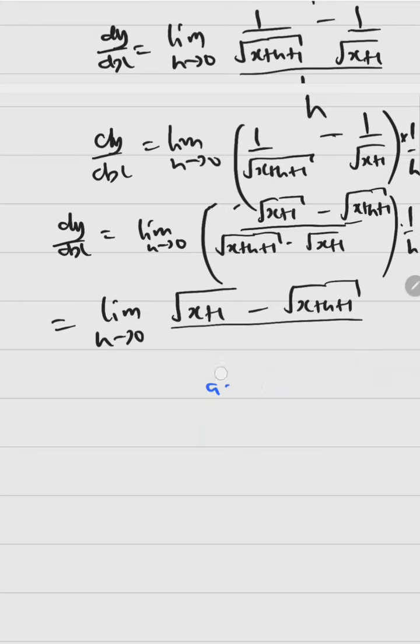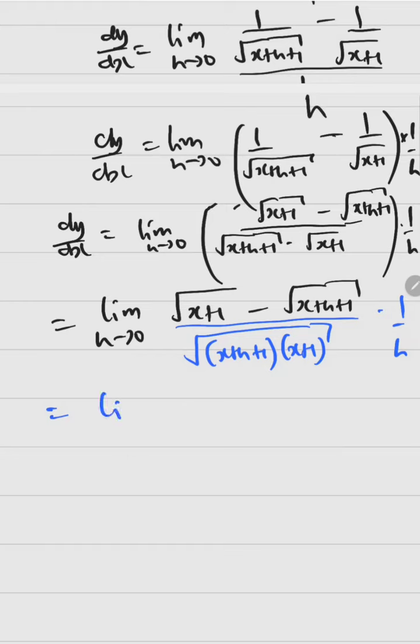So from this rule, the product of these two radicals is going to give me square root of x plus h plus 1 multiplied by square root of x plus 1, multiplied by 1 divided by h.